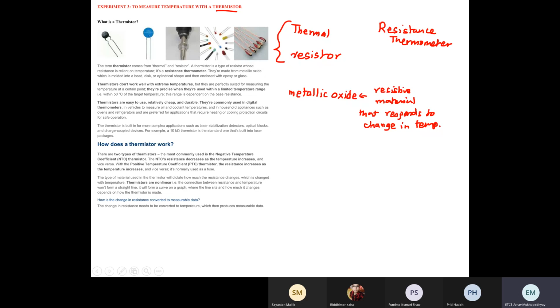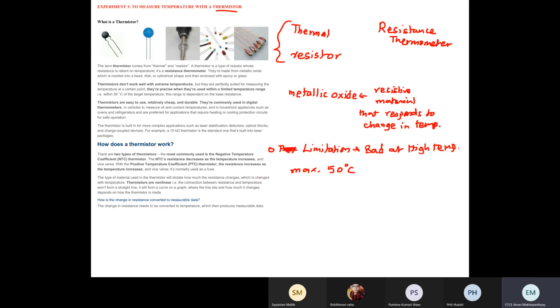However, you should also remember that thermistors don't work extremely well at high temperature. So their limitation is they are bad at high temperature. However, they can be used within temperatures, say maximum up to 50 degrees centigrade. So you can use them up to 50 degrees centigrade.